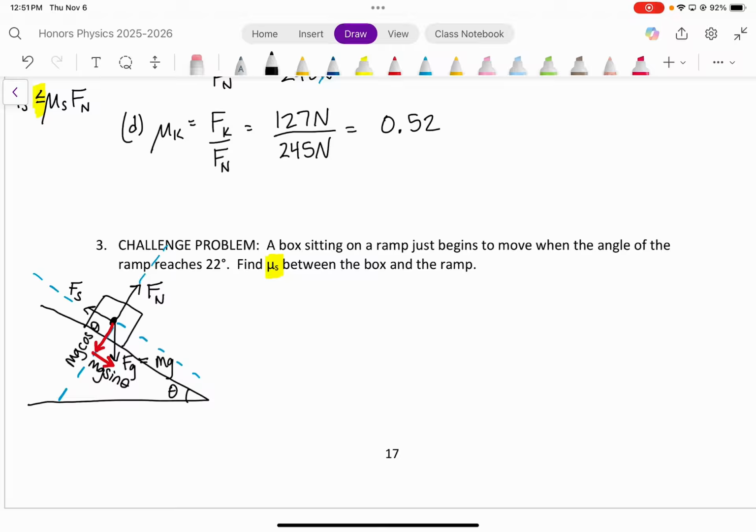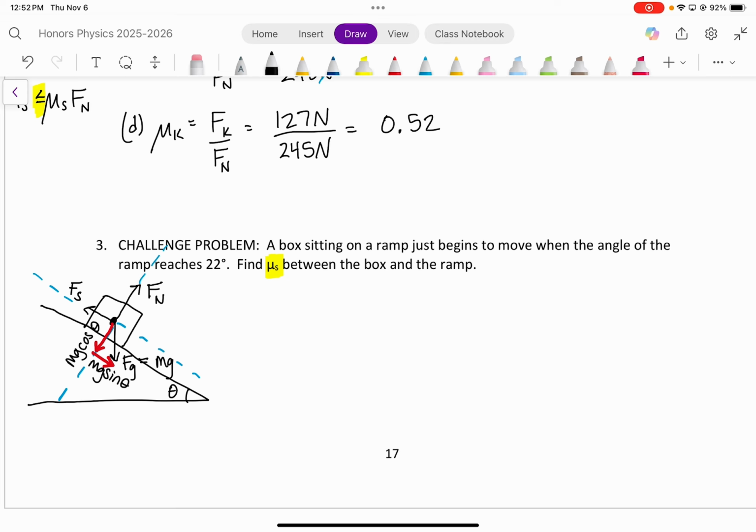So now, instead of just four forces that are up and down, very simple because we have a horizontal surface like what we saw in problem number 1, we have tilted our axis a little bit. And now, guess what? We still have just 4 forces.